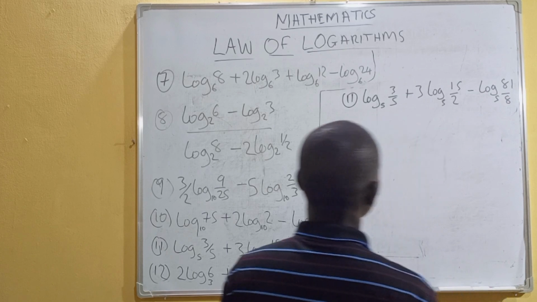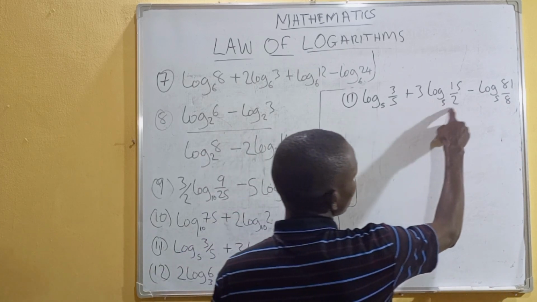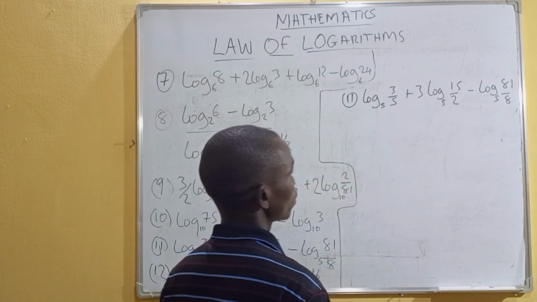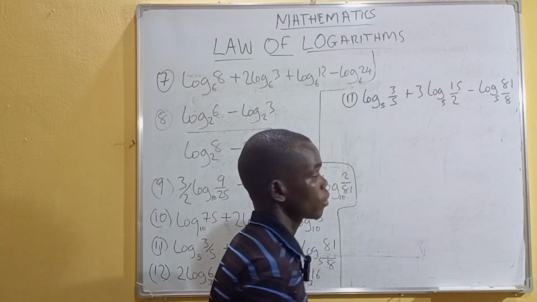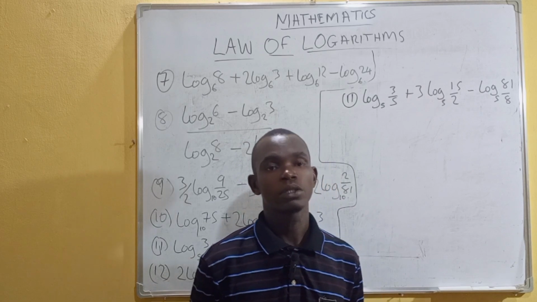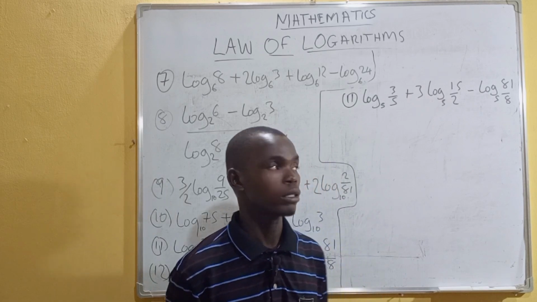If you look at this now, there's no way we can make the log numbers the same. So we'll now reverse the power law so that we can use the law of addition and subtraction of logarithm.